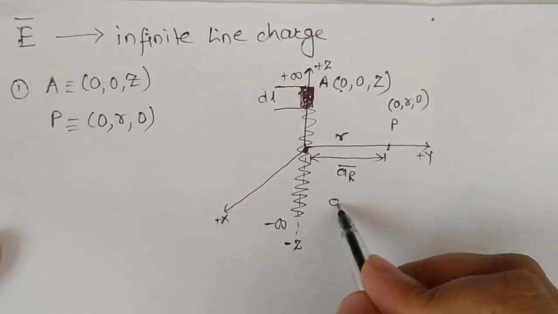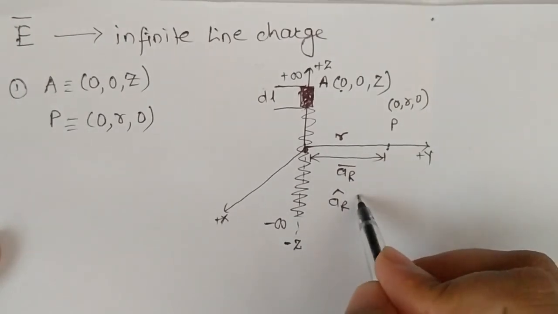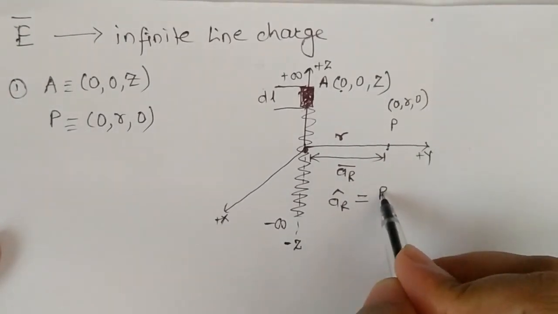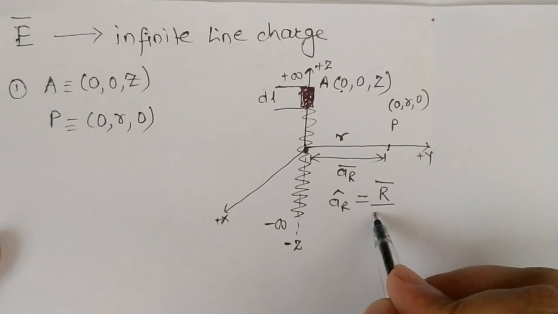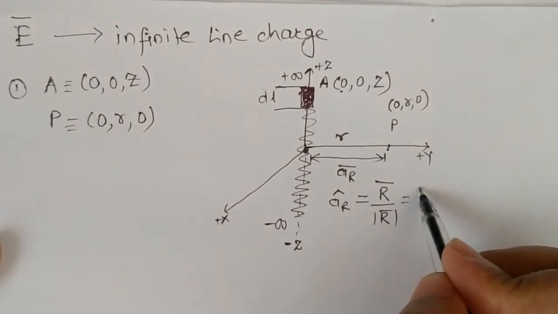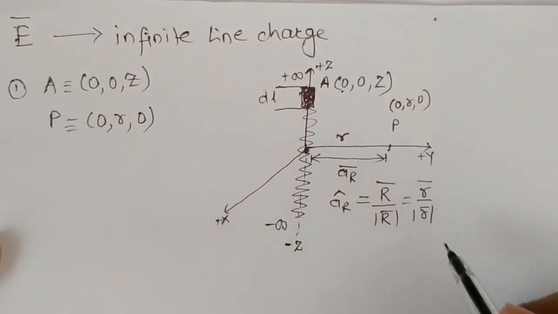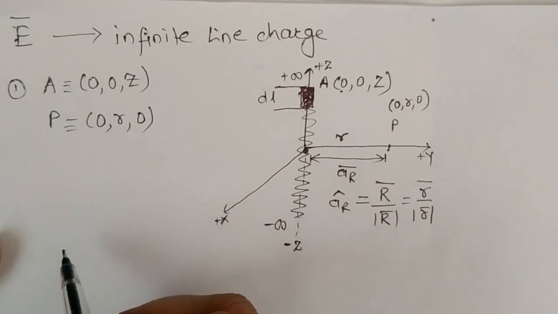Now we know that this a_r cap is equal to r bar divided by mod of r bar, here shown with small letters: small r bar divided by mod of small r bar.